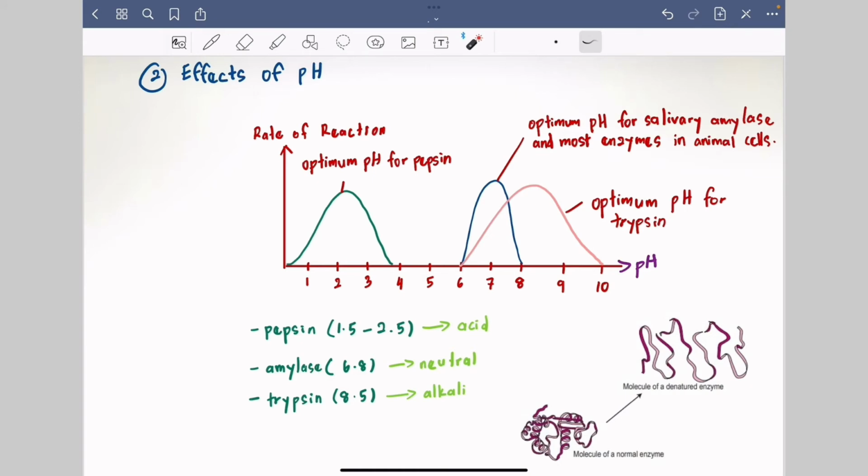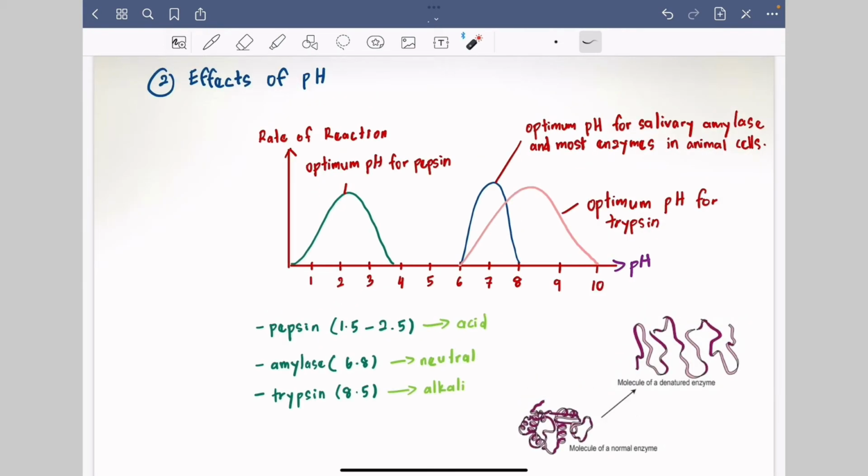And then trypsin is the most alkaline, which is at 8.5. The pH can also change the hydrogen ions of the active sites of the enzymes.